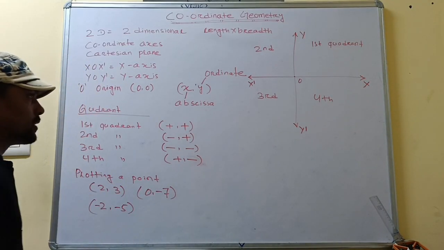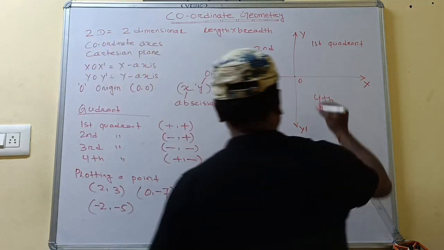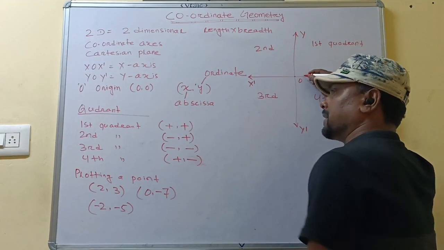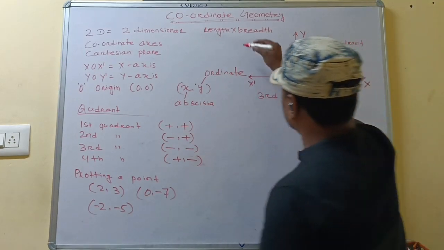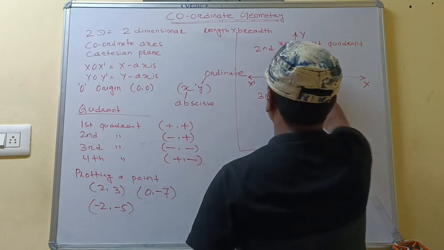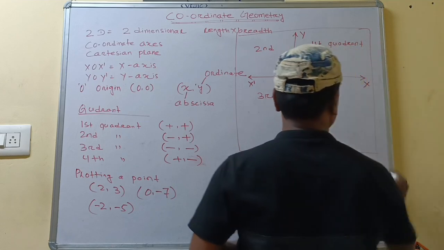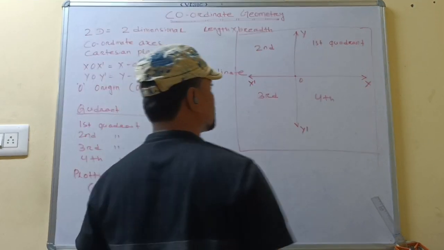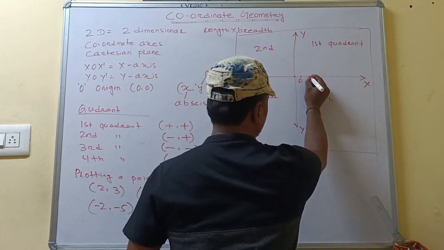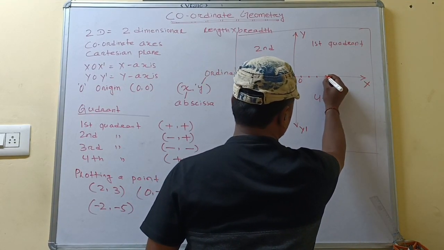We should plot them in the Cartesian plane. On graph paper, you can draw this Cartesian plane. Suppose this is a graph paper. We will take the middle to make the origin, and the x coordinate, y coordinate axes. And in graph paper, you will find equal intervals.